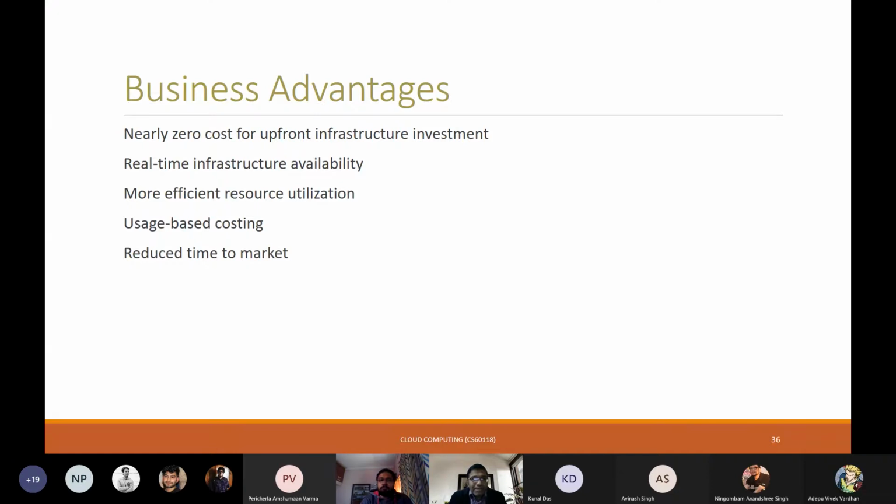And the next one is the availability of infrastructure in real time. Not only real time, it means at any time whatever you need, you can scale up or down. It's completely elastic, as I spoke in a previous class. Real time, elastic, on demand, anytime that you need, you can get the infrastructure. And this anytime is also very important.